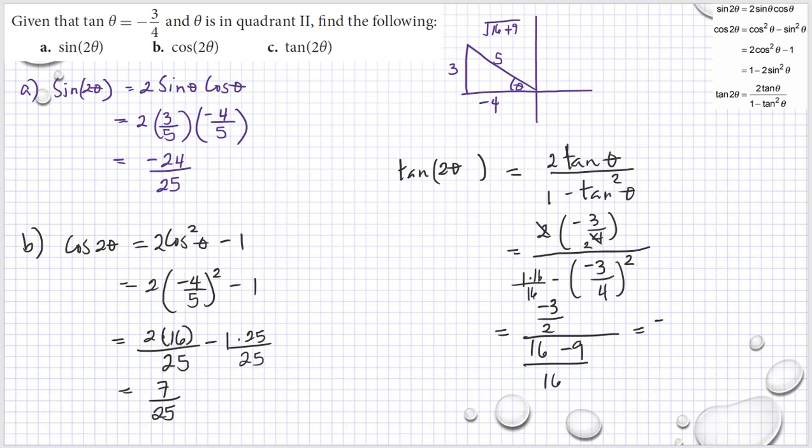Then we have negative 3/2 multiplied by 16 divided by 7. 16 minus 9 is 7, yes. And this will become 8. Then we have negative 8 over 7.